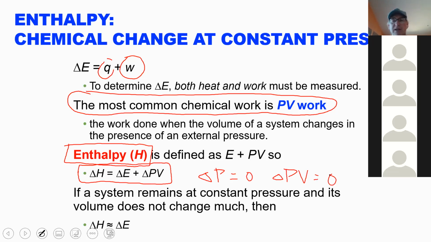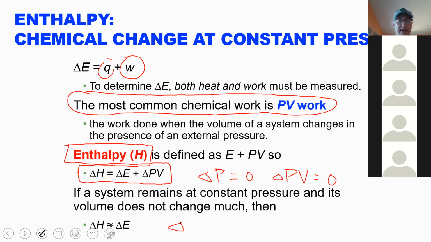As long as I don't change the pressure being put on the system, this little part of enthalpy is none. There's no change in pressure. So delta PV, the second term, is equal to 0. Generally, if the volume doesn't change much and the pressure doesn't change, then enthalpy is the change in energy.